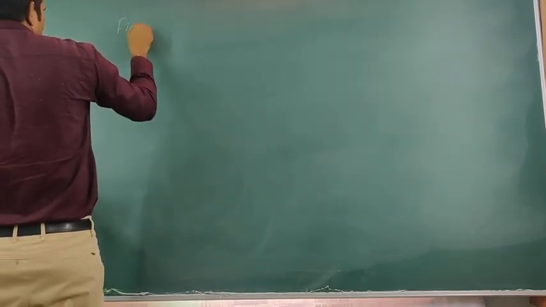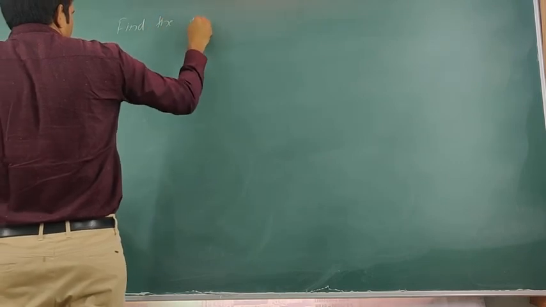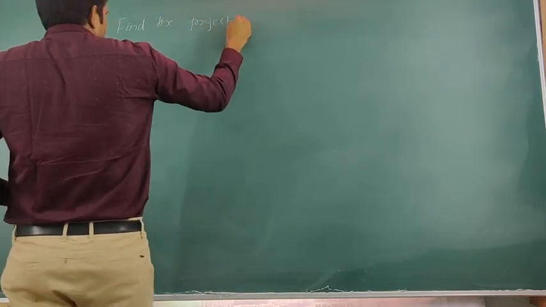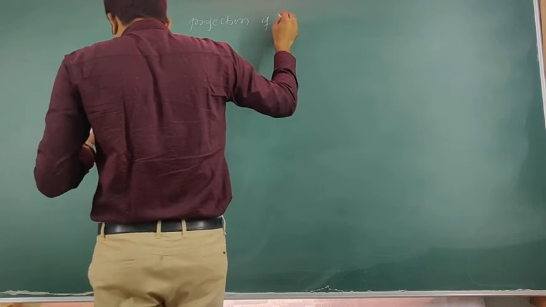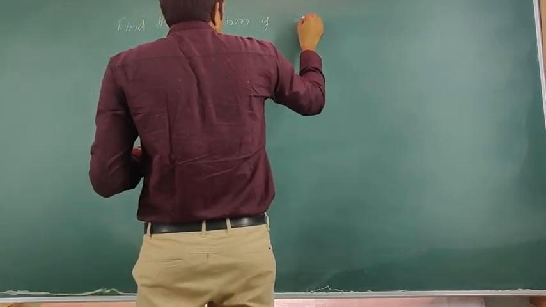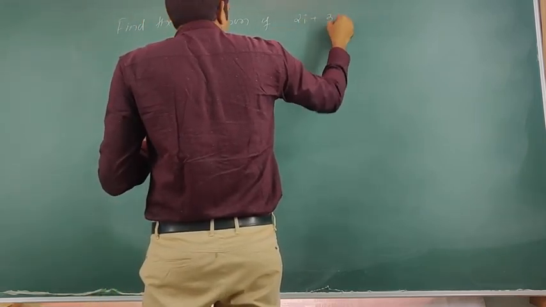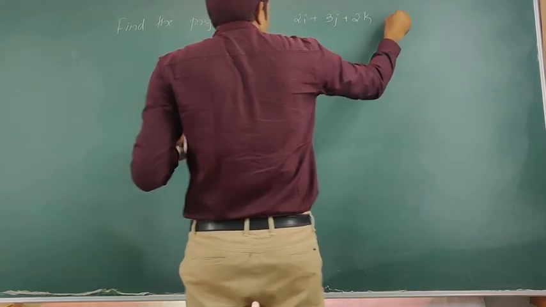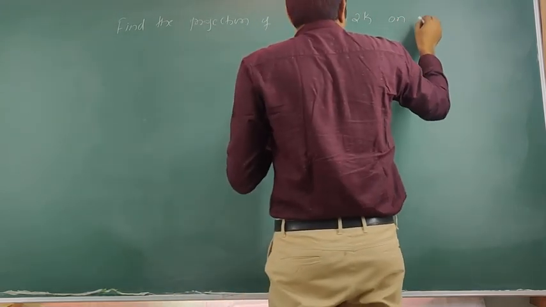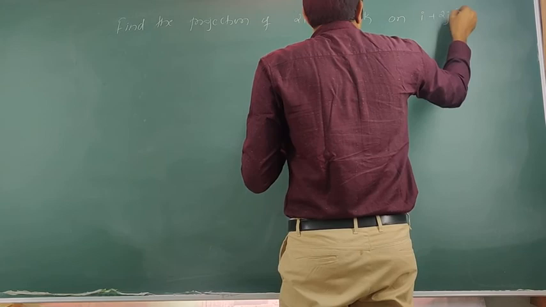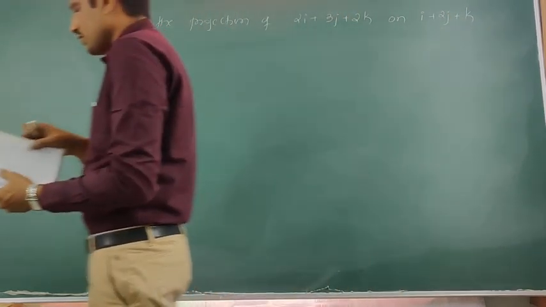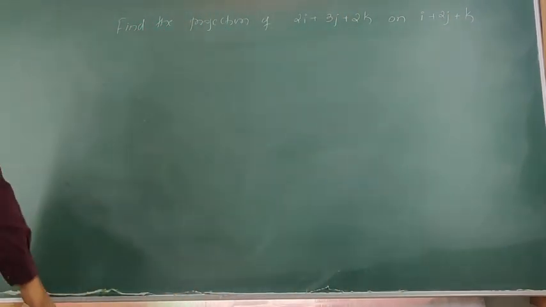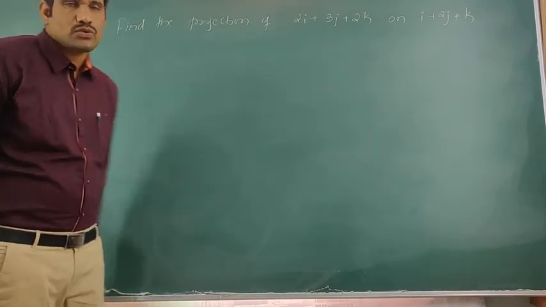Find the projection of vector 2i plus 3j plus 2k on i plus 2j plus k.